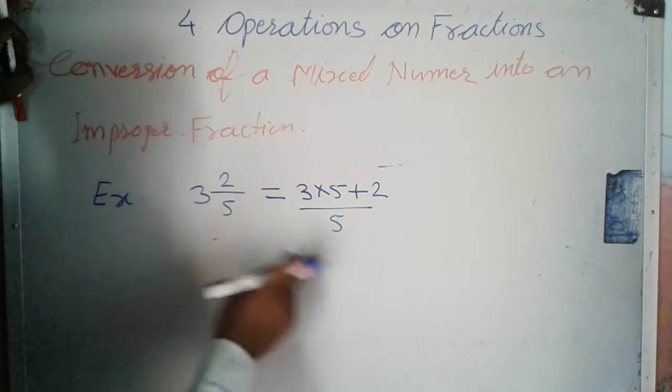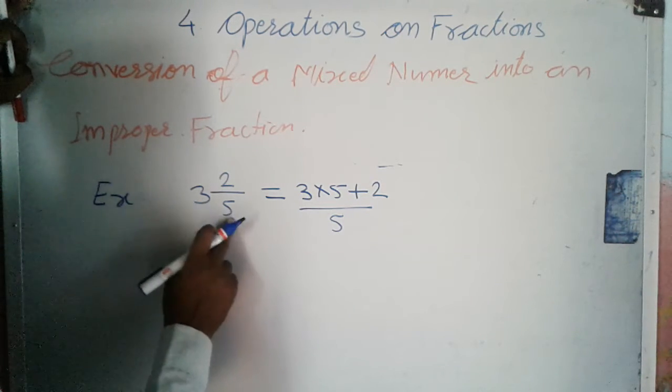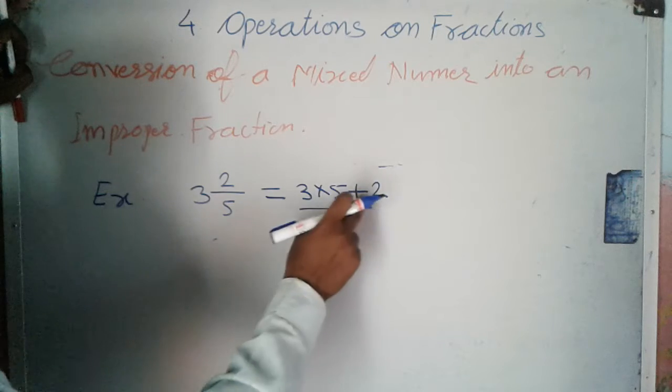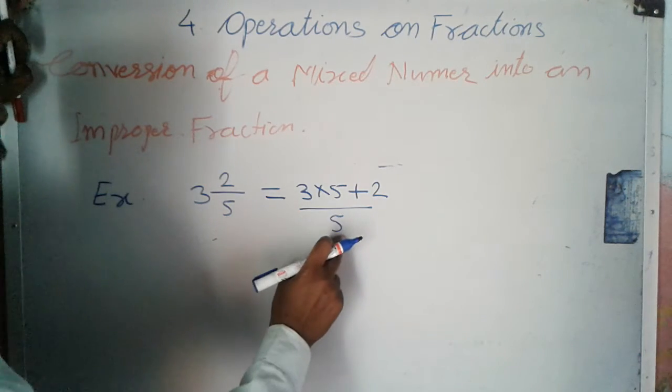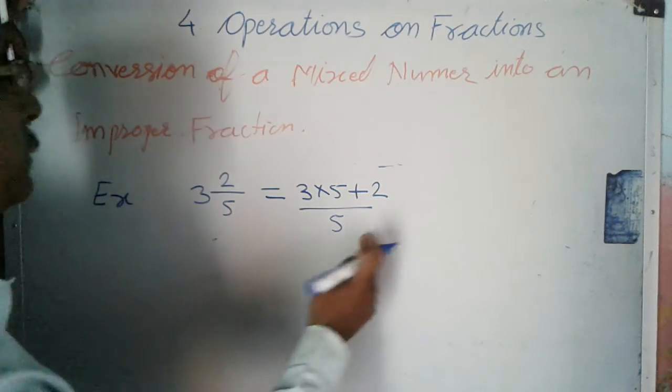So we multiply the divisor and the quotient, add the remainder, and the denominator stays the number 5.